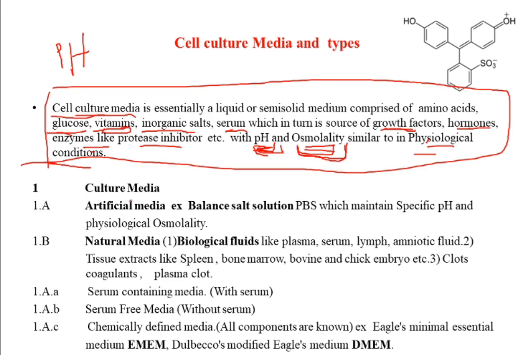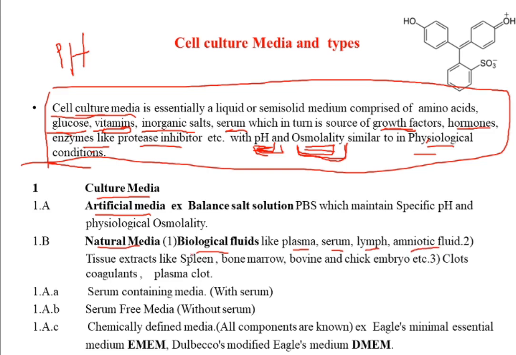Right. Besides this, here you can see the culture media. Here we classify it into two types, the artificial media and natural media. The natural media is naturally available, for example, biological fluids like plasma, which is from the blood, then serum, even the lymph clots, then amniotic fluid.